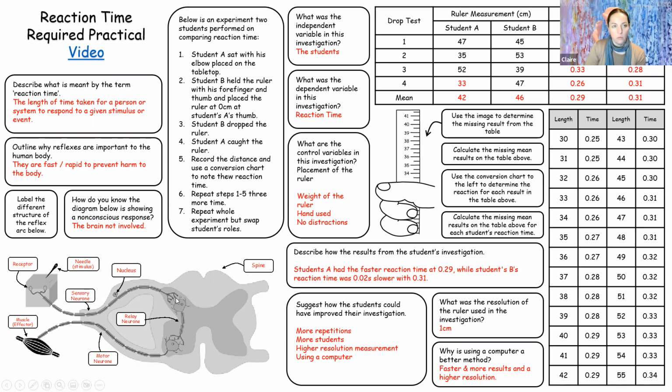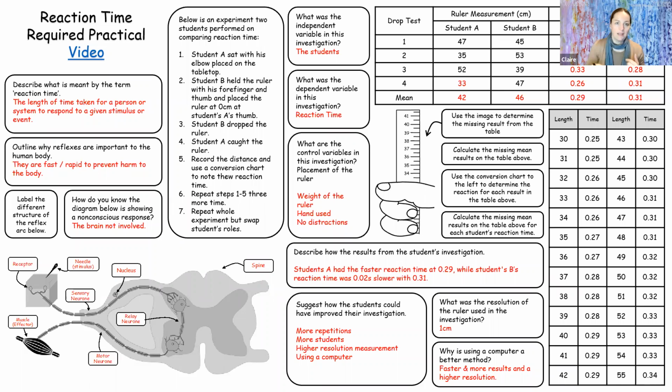But when it is involuntary, you have the relay neuron as well, right in the middle, in your central nervous system. It is a pathway where the signal can bypass the brain, because what your body wants is a quick reaction to avoid getting hurt and causing damage to the body. So the relay neuron in the reflex arc helps with involuntary action.